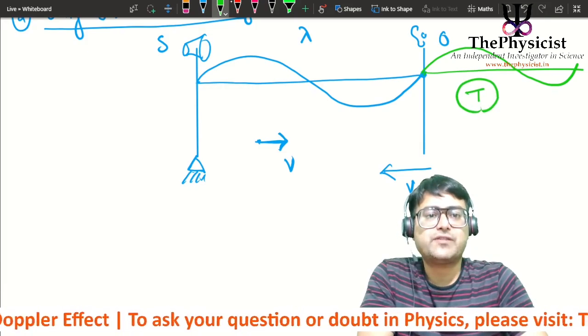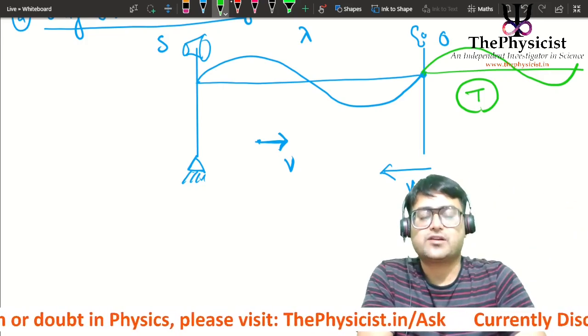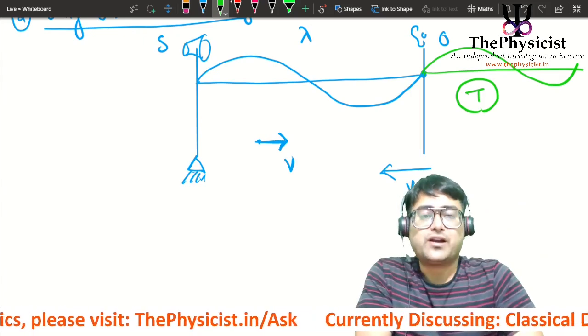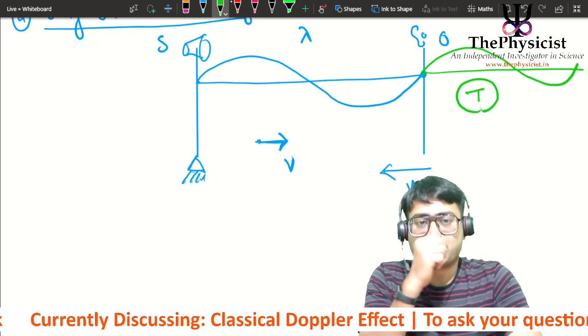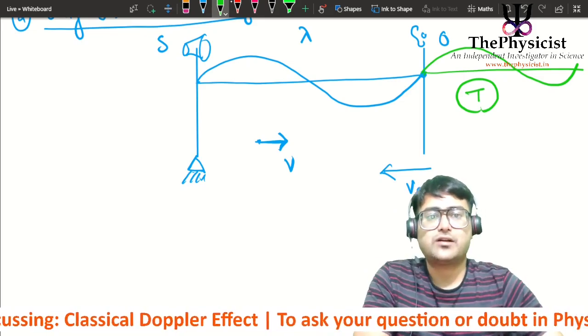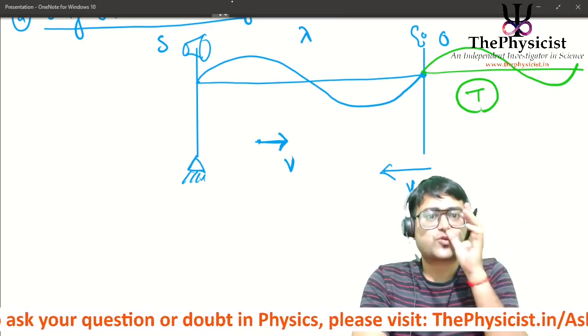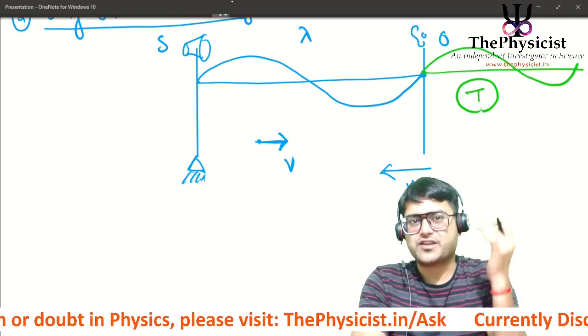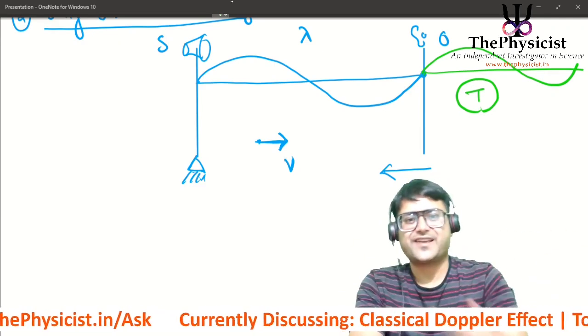The time period of a wave, the entire wave will basically get through the ear of the observer. But the observer is actually moving with vo. That means as the wave tries to pass through the observer's ear, the observer is also trying to cover the wave in the opposite direction, right?